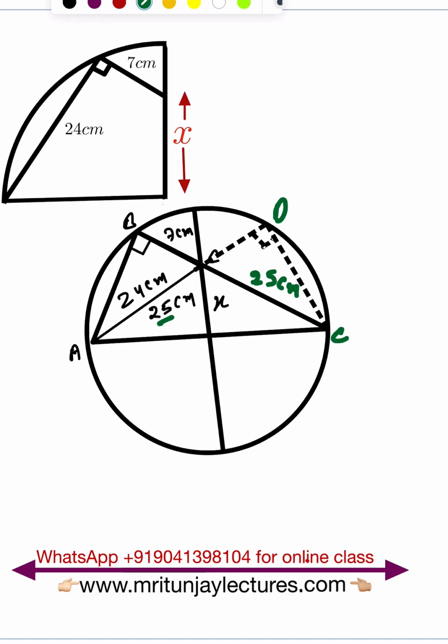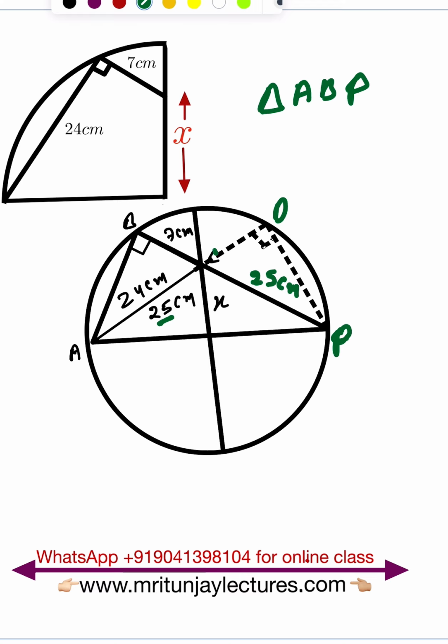So what about AP? Again you can apply the Pythagoras theorem. In triangle ABP, sorry, that point is named P because C is already taken here.